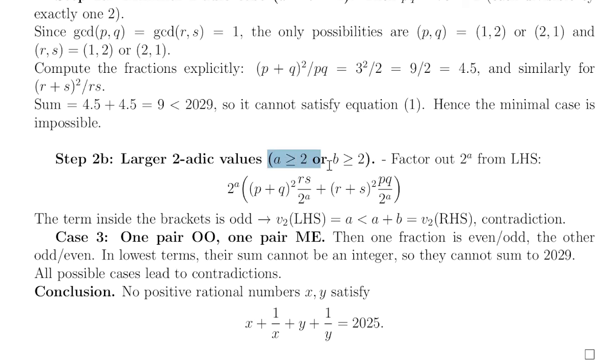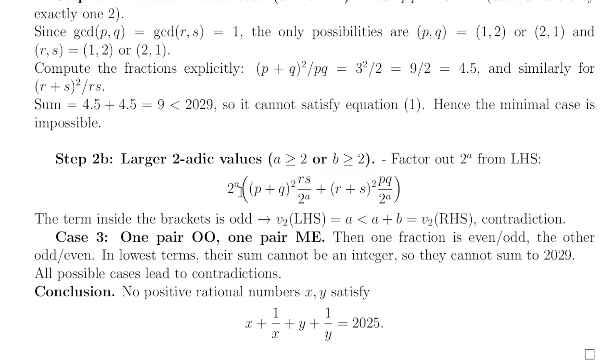Here we are coming to the case where one of them is at least greater than or equal to 2. So when you factor out 2 to the power a from it, one of them will remain an even term and one of them will remain an odd term. And when you add them, you'll get an odd term inside the bracket.